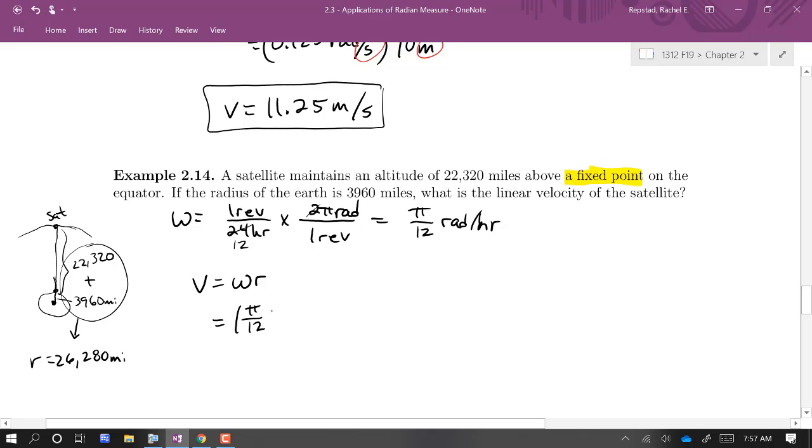Pi over 12 radians per hour times 26,280 miles. Radians are dimensionless.